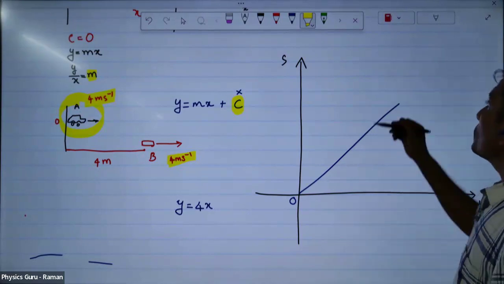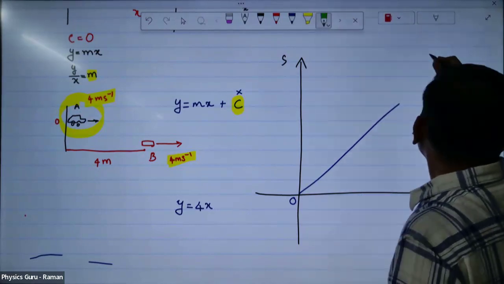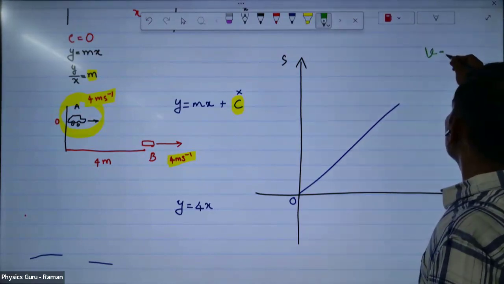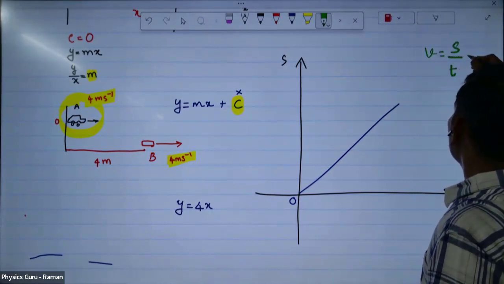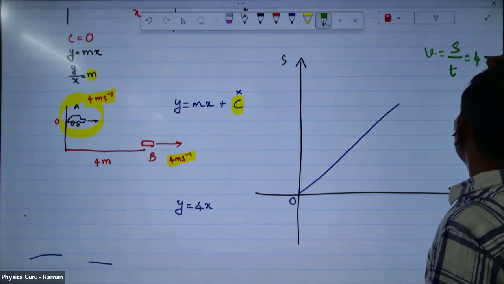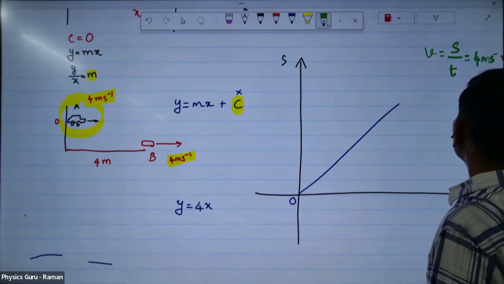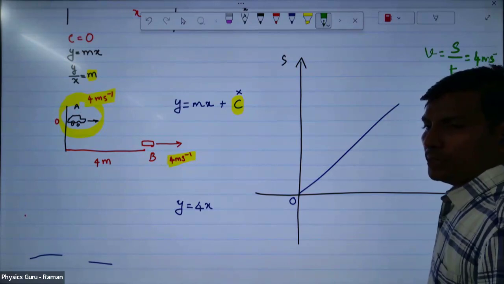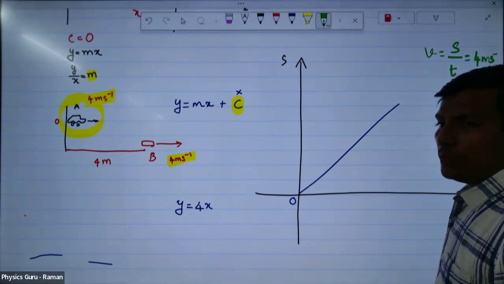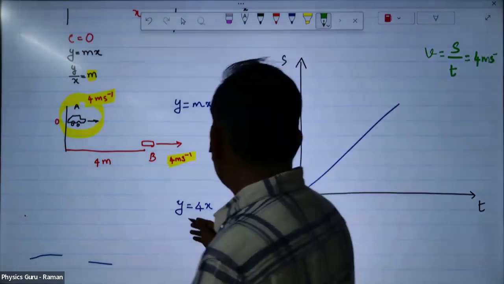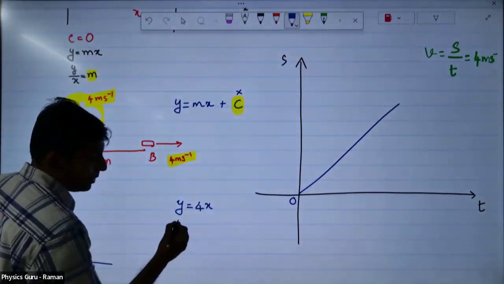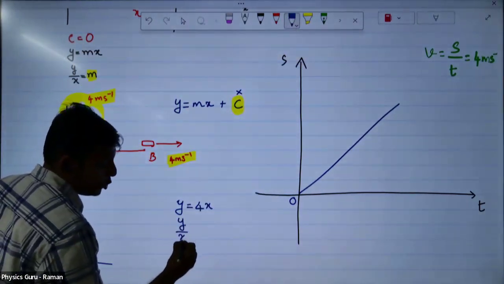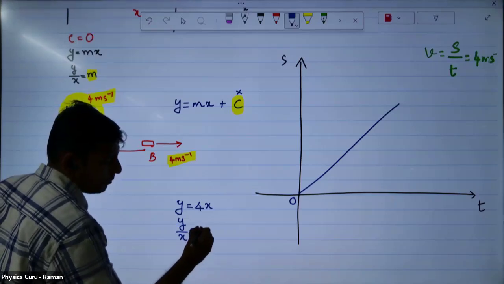Am I right? So here we have the data. His velocity is equal to displacement divided by time, which is equal to 4 meters per second. Got it? So in this graph, y divided by x should be equal to 4.